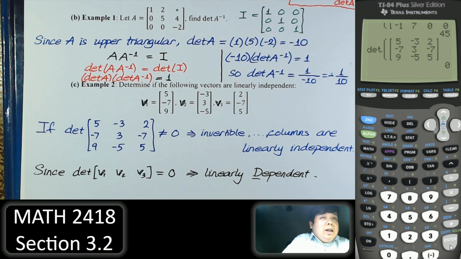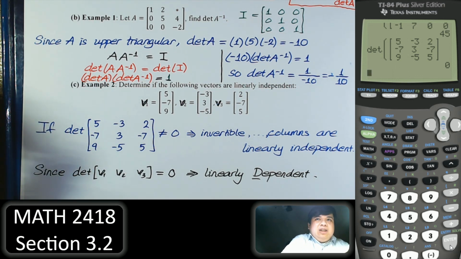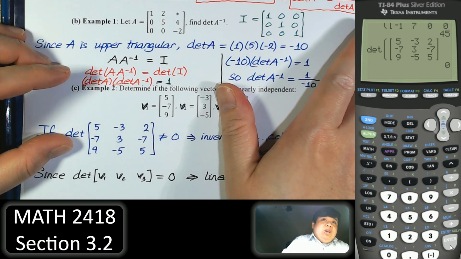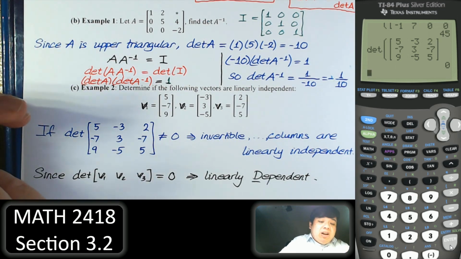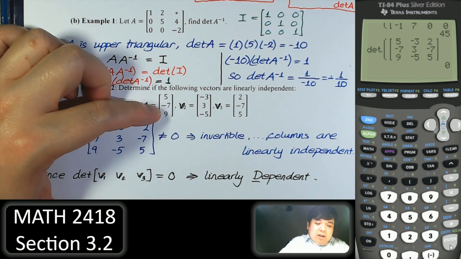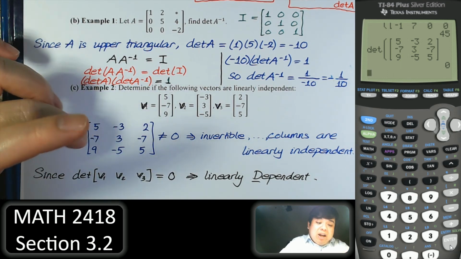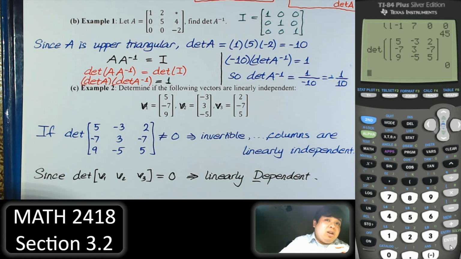Right. So it's simple enough. Just when we have the columns, put that in the matrix and find determinant. It's not a very usual way to do this. Let's say if we have two vectors, we cannot really put into a determinant, right? Yeah. So if we have the number of vectors that make into a square, then we can use determinant to test to see if the vectors are linearly independent.